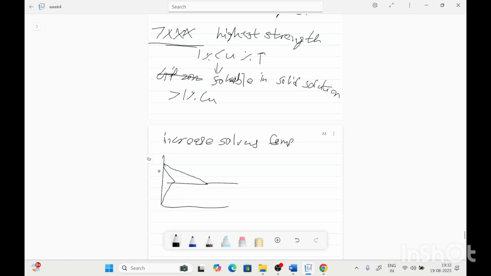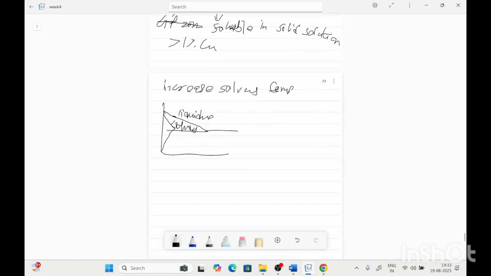So this is the liquidus and this is the solvus line. So as the solvus temperature increases, means at high temperature, the formation of precipitates will be favorable. Means within the high temperature, we can form the precipitates easily.